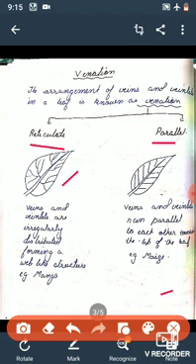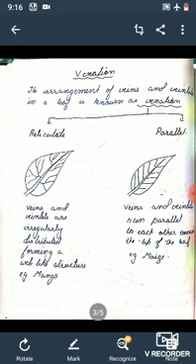That type of venation is the parallel venation. So two types of venation is there: reticulate venation and the parallel venation. Reticulate, the veins and the venlets will form the network or the wave-like structure, while in the parallel venation, the veins and venlets will run parallel to the surface. Okay, that type of arrangement is the parallel venation.